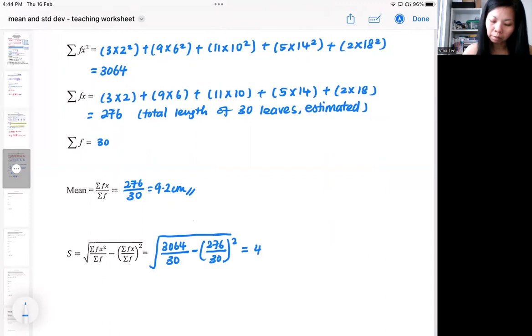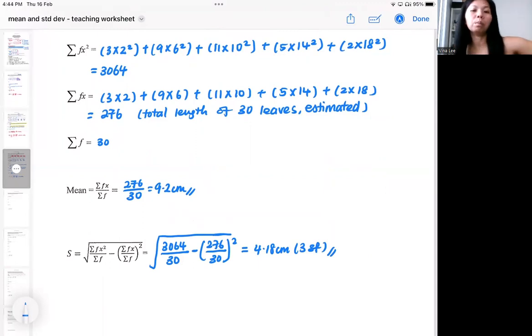So in this case, I got 4.18 centimeter. So the 4.18 is the amount that can deviate from the mean. That means I can expect a long leaf to be 9.2 plus 4.18, the deviation. So if it's smaller than the mean, maybe it can be as short as 9.2 minus 4.18.